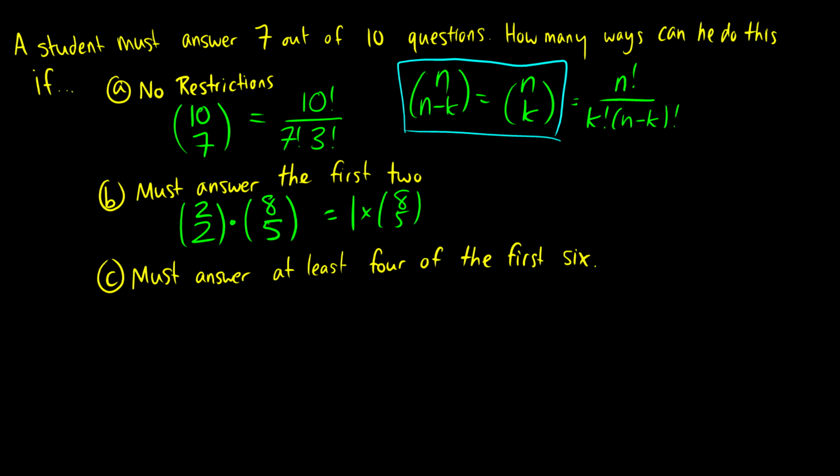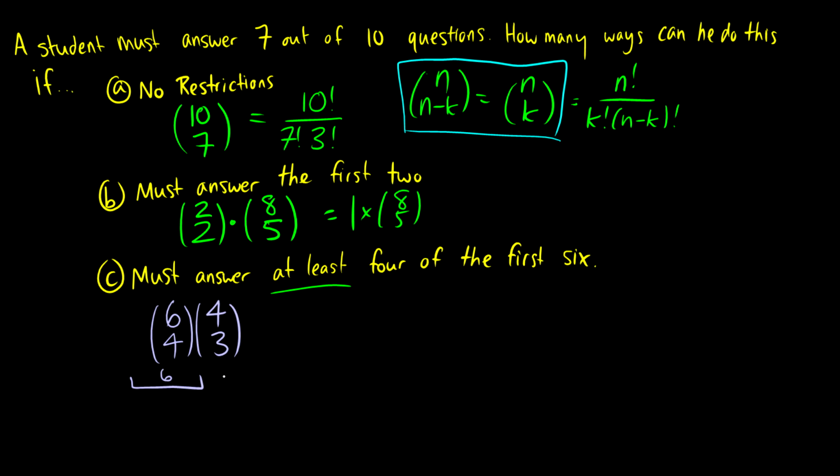Now what if he must answer at least 4 of the first 6 questions? Well, what this means is that he can choose 4 out of the first 6, and then out of the remaining 4, he can choose 3 questions. So basically he's splitting it up into 2 categories.